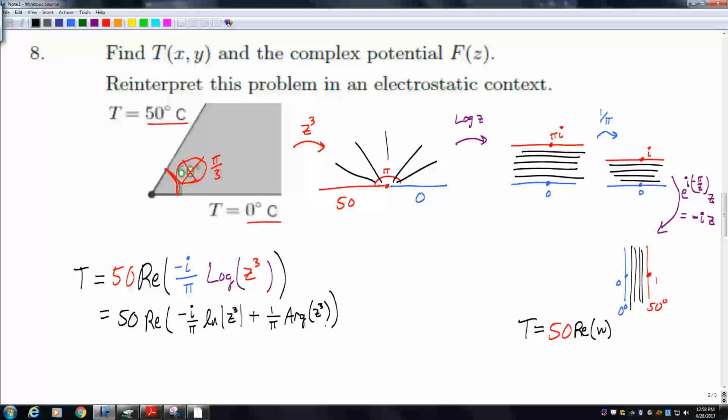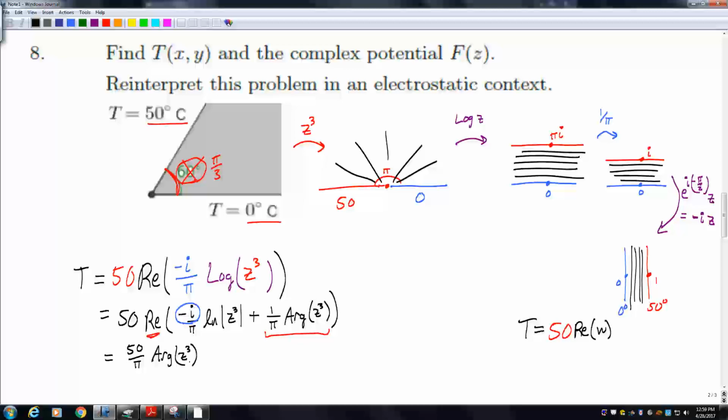Okay, so that minus i means that the real part is actually sitting over here now, because we've now picked up this imaginary part on the log here. So my temperature function, we take the real part here, is just 50 over pi times the argument of z cubed.